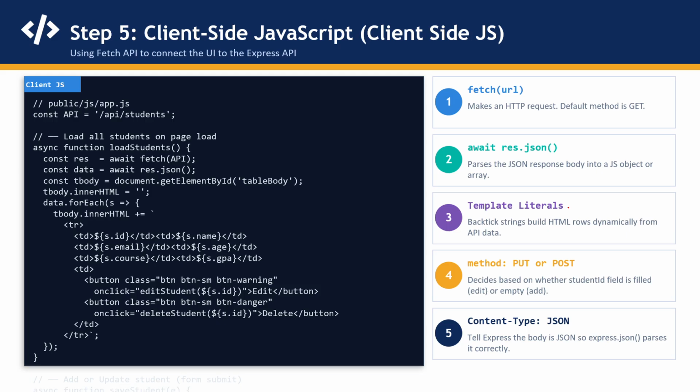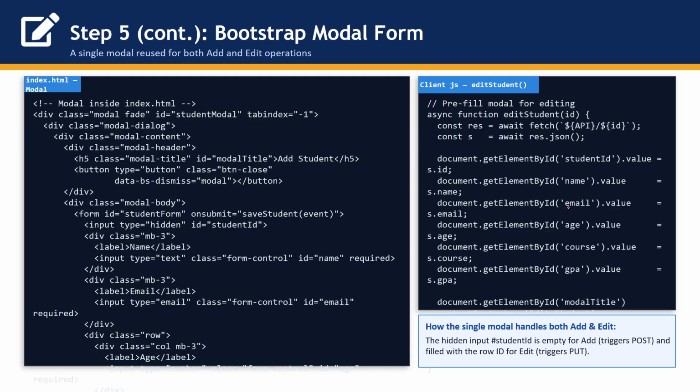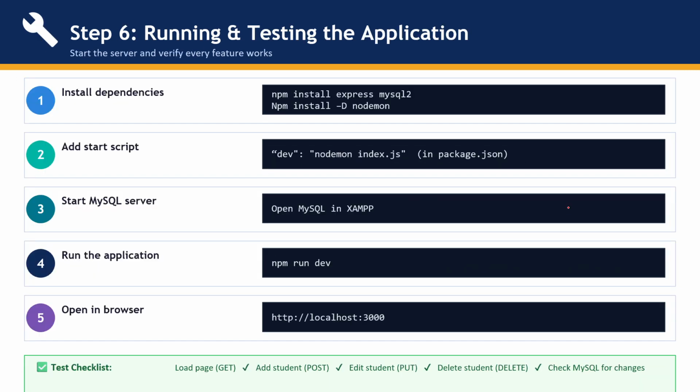Using the fetch method, we can send a request to the server, get back a response, read the response body, and then display that information inside the web page to our client. And for all of this we are using Bootstrap styling.